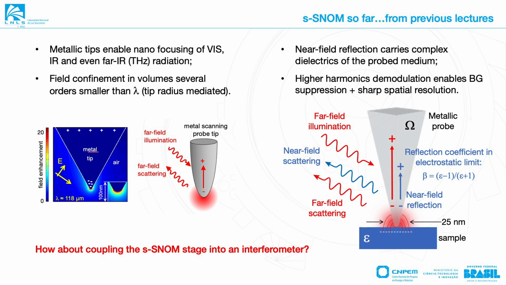Near field reflection in the quasi-electrostatic limit actually carries the complex information of your sample, the complex dielectrics of your sample. Higher harmonics demodulation provides background suppression and also ensures that you have nanoscale resolution. So these are all things that we know already.